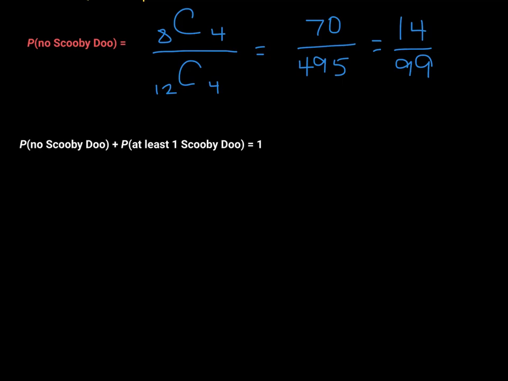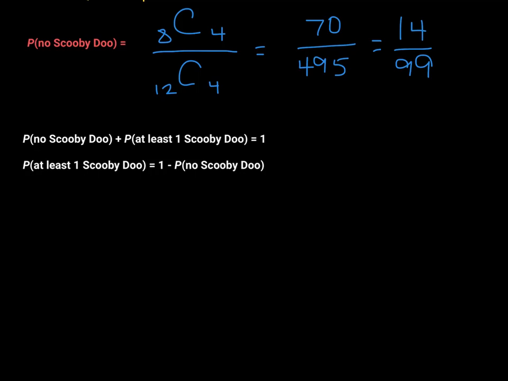When one of these outcomes must occur, the sum of the probabilities must be 1, right? And so we already determined that this probability is 14 over 99, all right? So that must mean I can subtract that probability from both sides, and the probability of at least one Scooby-Doo DVD being selected is going to be 1 minus this probability.